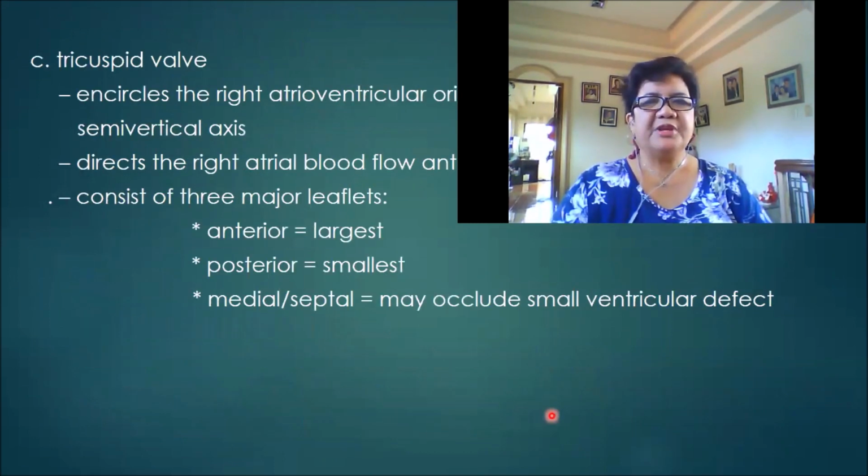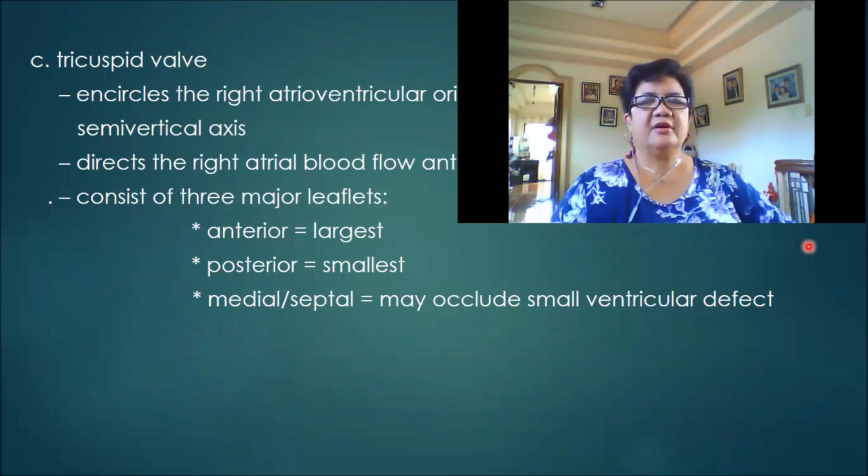Then your tricuspid valve, which is the valve on the right side of the heart. It encircles the right atrioventricular orifice and is oriented in its plane in a semi-vertical axis. It will direct the right atrial blood flow anteriorly and inferiorly and to the left.